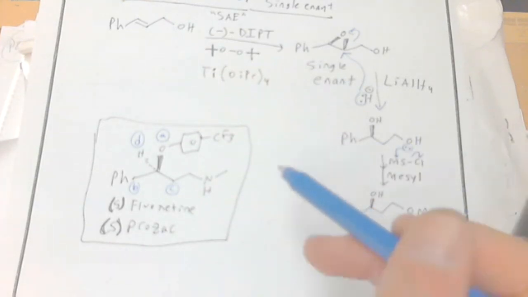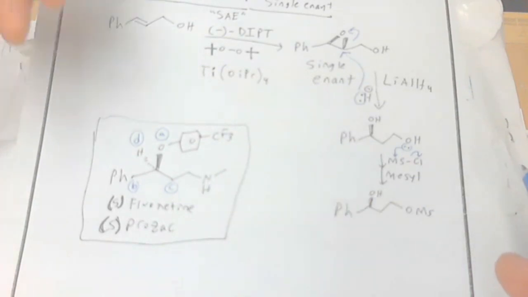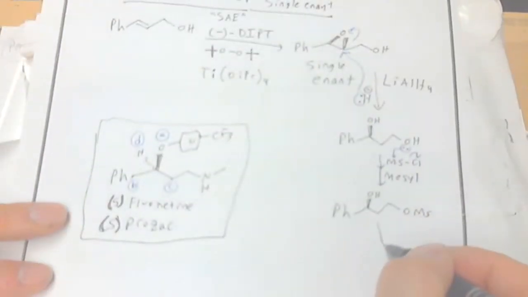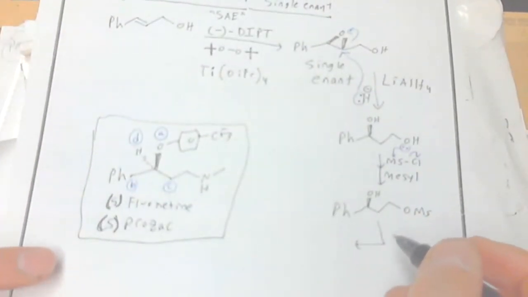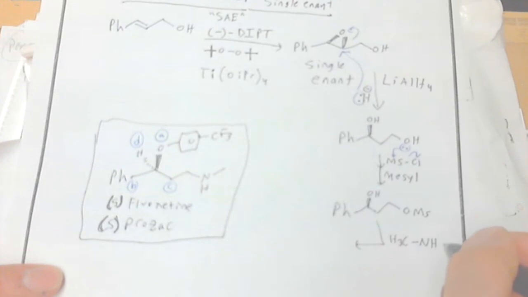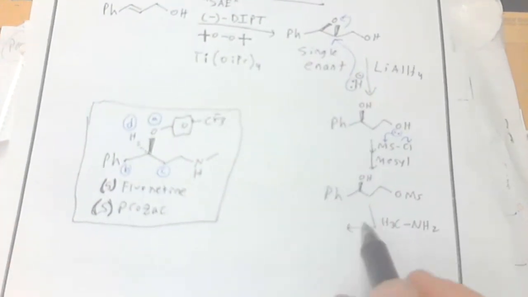Well, now to attach the N-methyl, all we got to do is throw in methylamine, right? And it's a nucleophile. It's a nucleophile that'll kick off the leaving group. So that's easy. See, it's pretty fast. Not a hard synthesis. They just use methylamine, H3CNH2, which is essentially that, right?